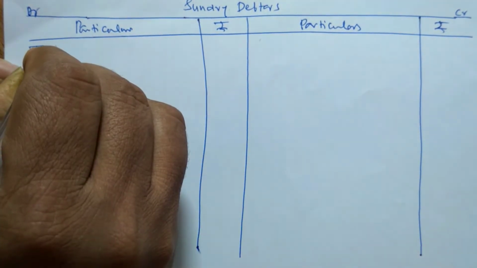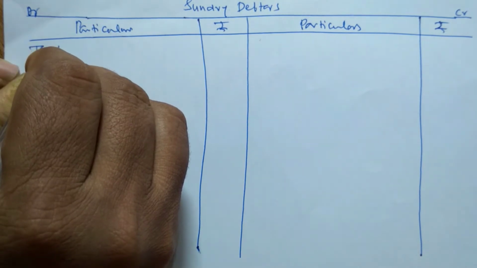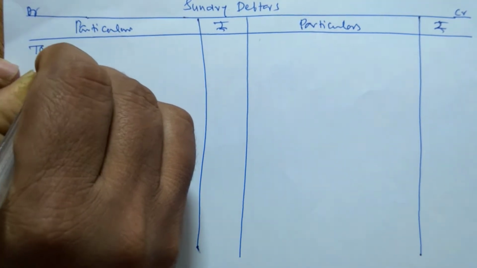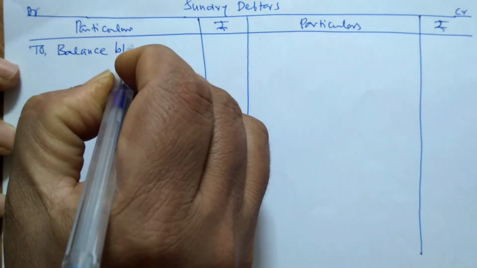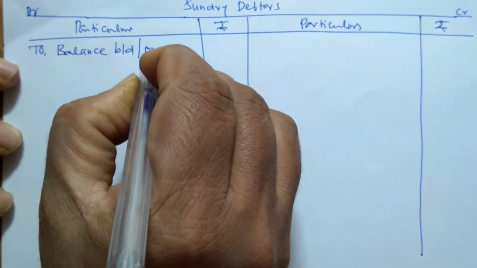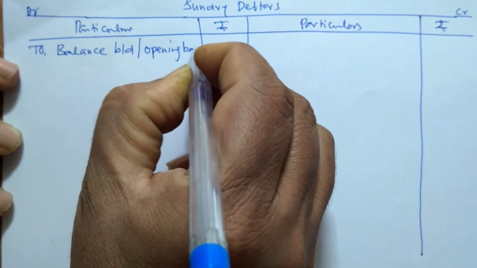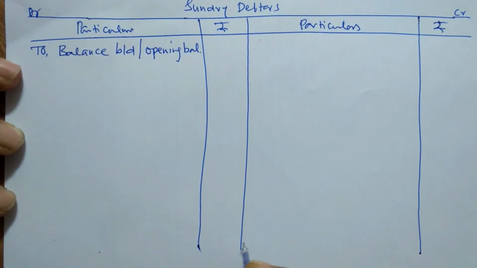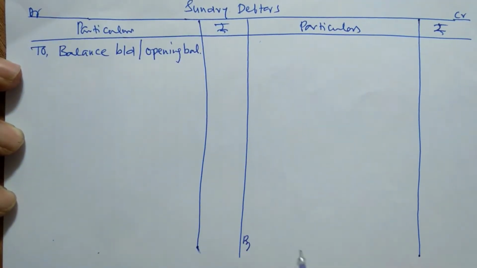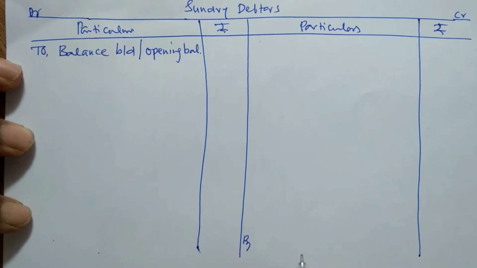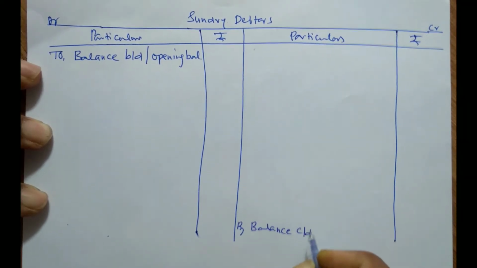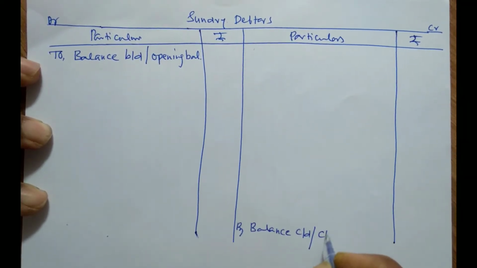The opening balance is taken as to balance brought down, or we can write opening balance, and the closing balance will be taken on the credit side of the debtors account as by balance carried down, or we can write closing balance.